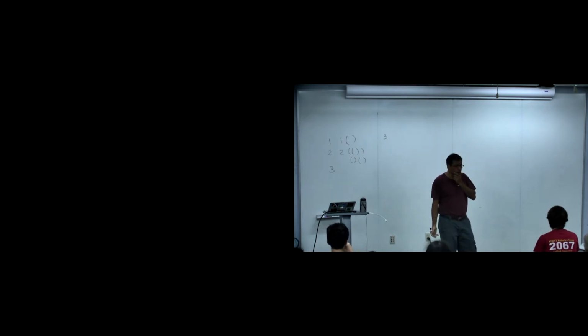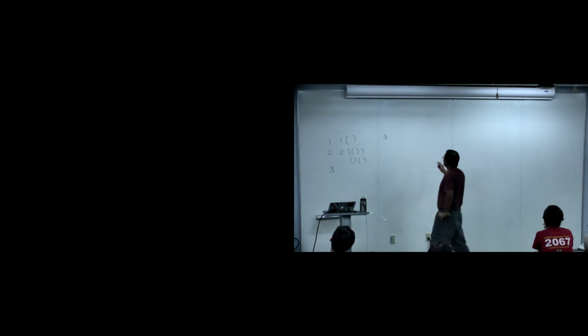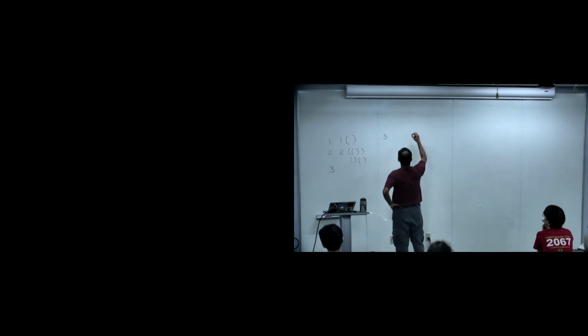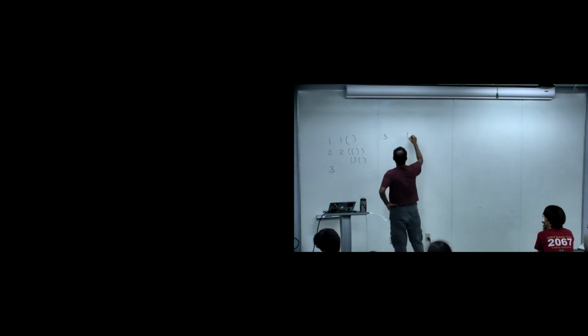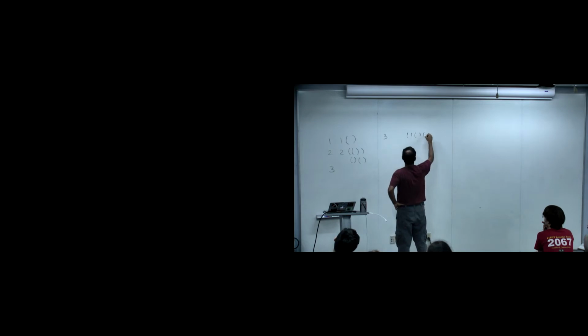4, 5, 6, 6. Okay, let's start with our 4s. Give me your 4. So just say left, right. Call it out. Left, right. Left, right, right. Left, left, right. Okay, wait, there's only 3. I'm just writing what you said.